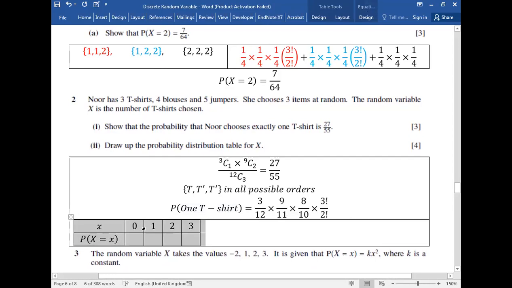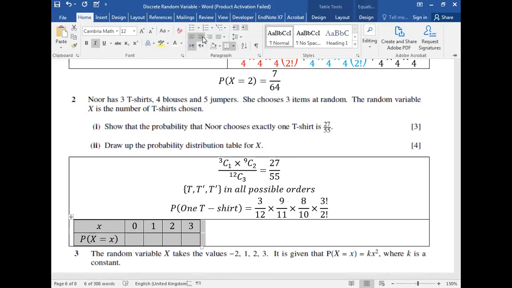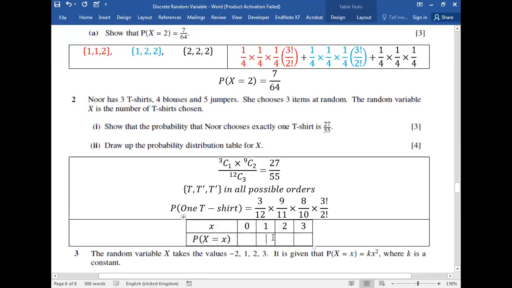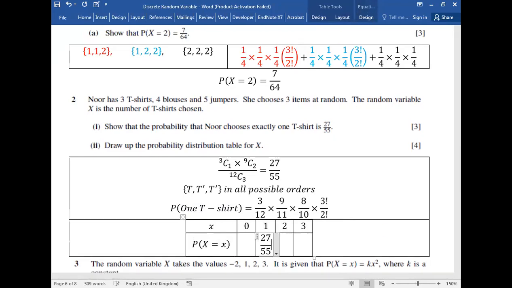Okay. We have already figured out the probability of 1, and that is 27 over 55. Is that right? What about 0 t-shirts? तीनों ही नॉन टी शर्ट आ गई मेरे पास.